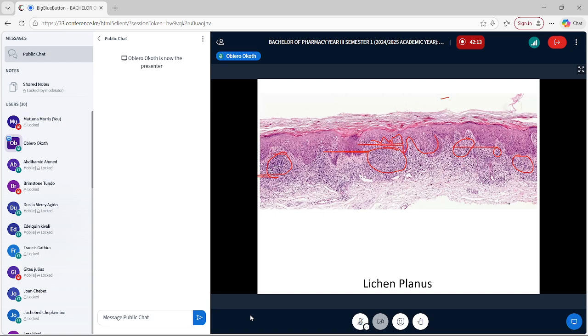It's a bit different from what you have here. Here you're not seeing a lot of chronic inflammation. They are there, but they are not as much as what we have here. So this is lichenoid interface dermatitis. This is psoriasiform dermatitis.